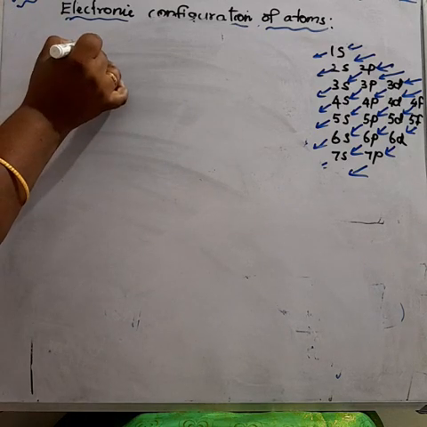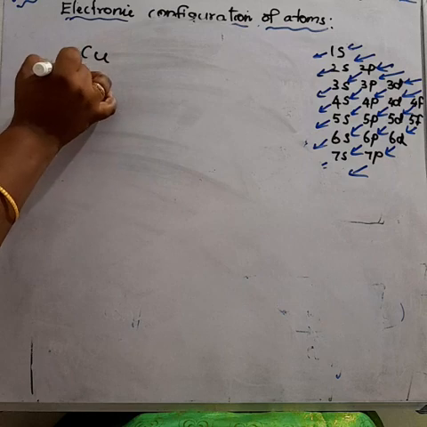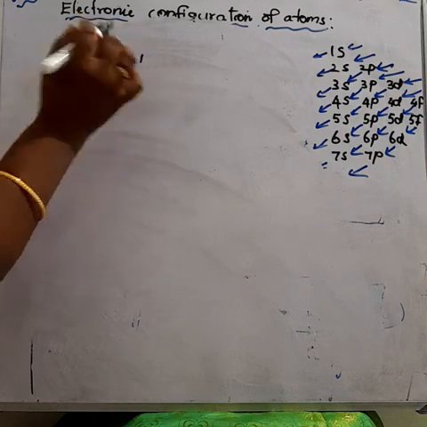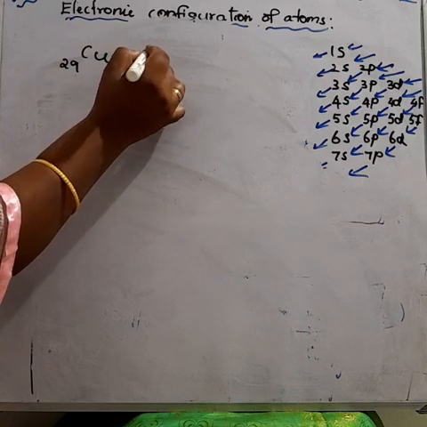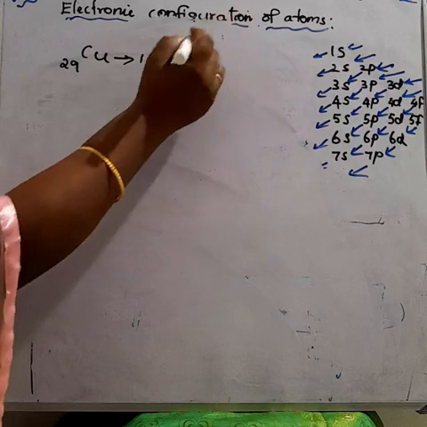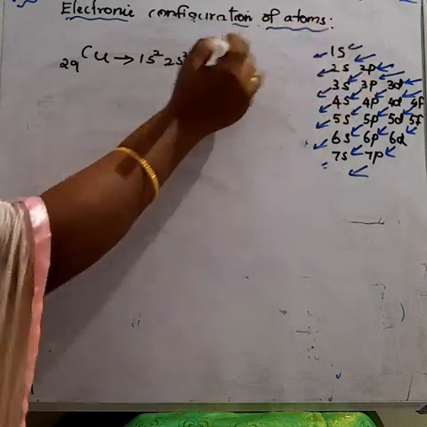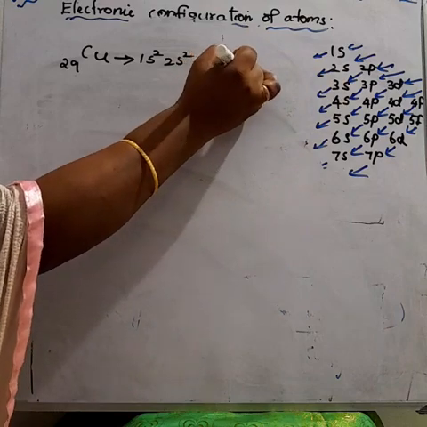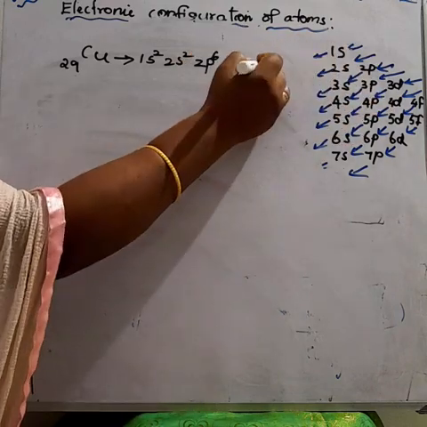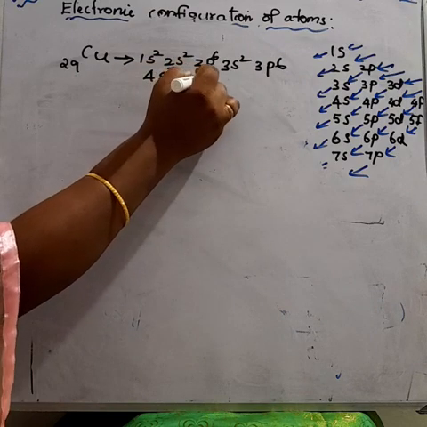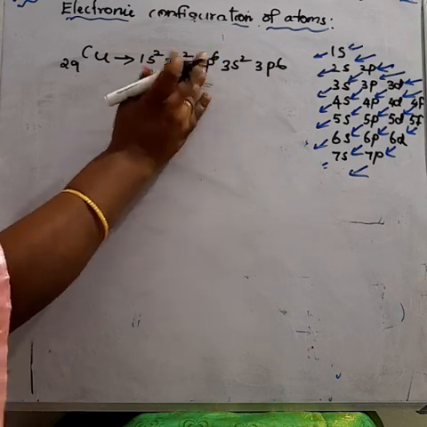So the expected configuration for copper, atomic number 29. How will you write the expected configuration? First 1s2, 2s2, 2p6, after that 3s2, 3p6, and then 4s2, and then 3d.